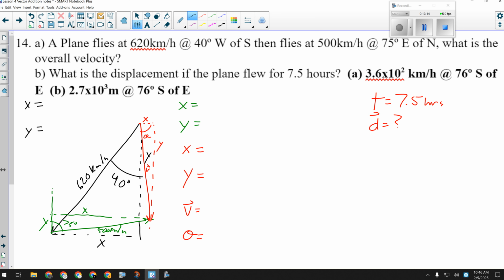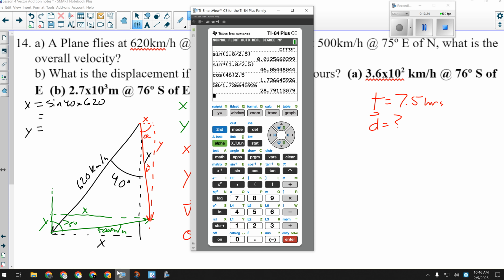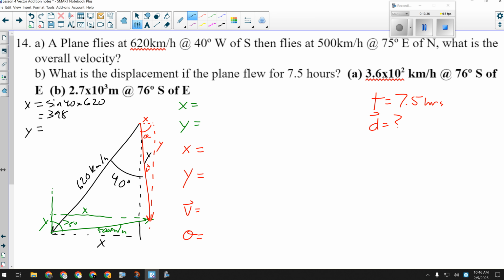X is the opposite side, so we'll go sine of 40 degrees times 620, to get us our velocity vector pointed west. So that side's going to be 398.53 kilometers per hour west.